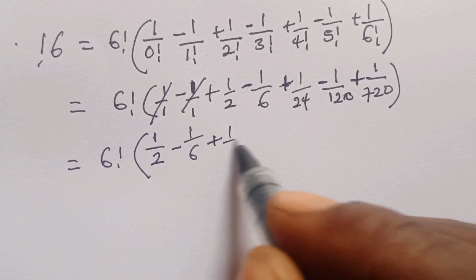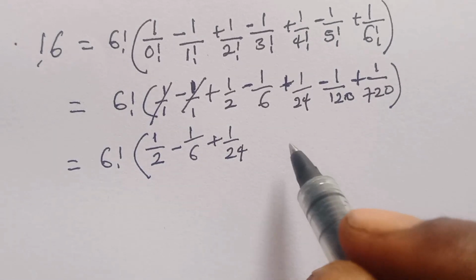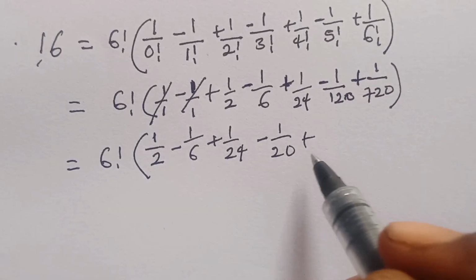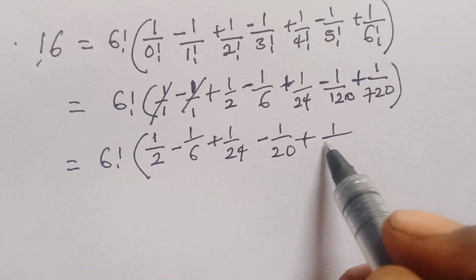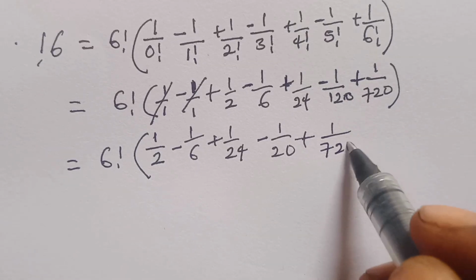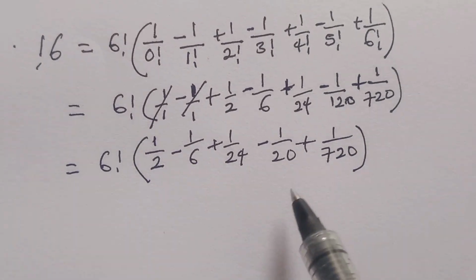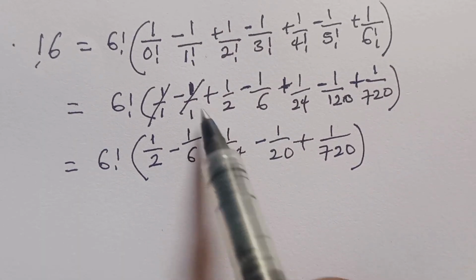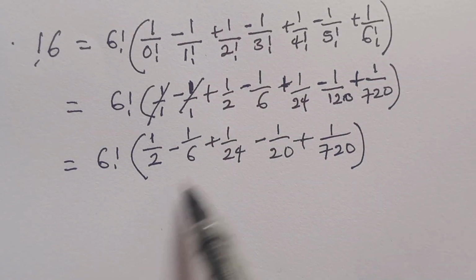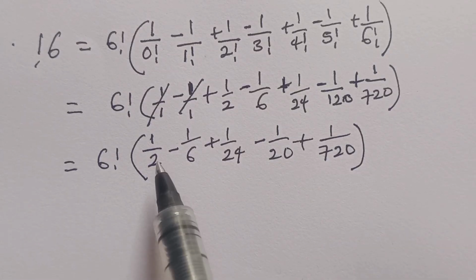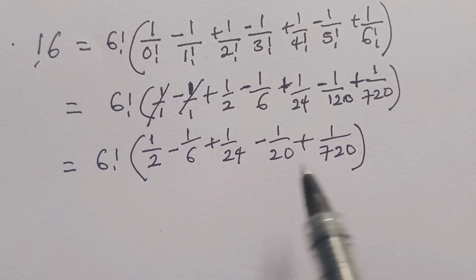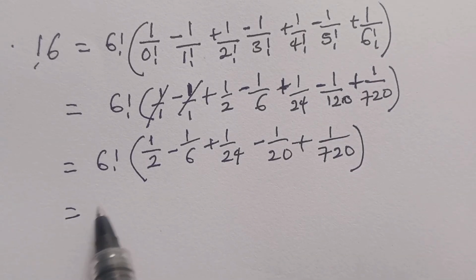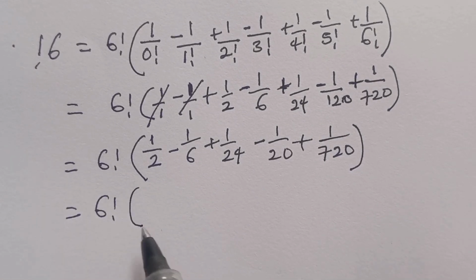So we are left with 1 over 2 minus 1 over 6 plus 1 over 24 minus 1 over 120 plus 1 over 720. This means once the 1 over 1 terms cancel out each other, you are left with the expression below.